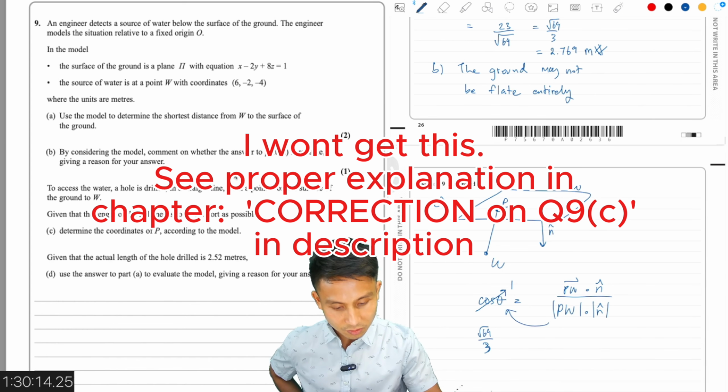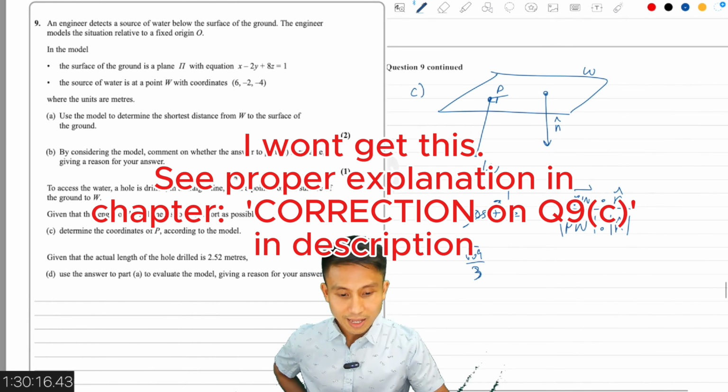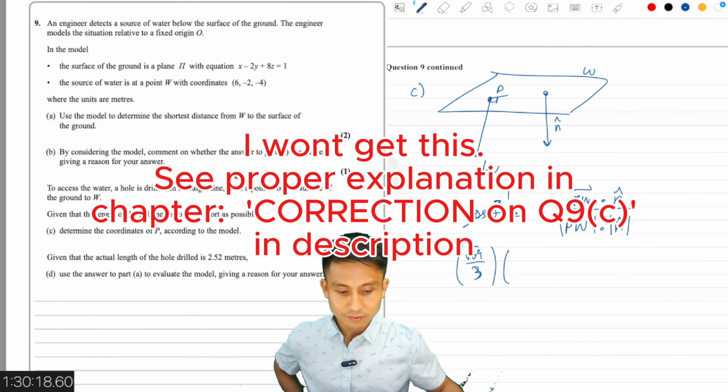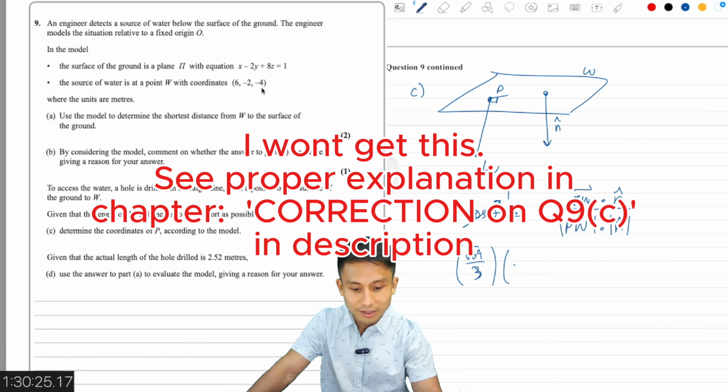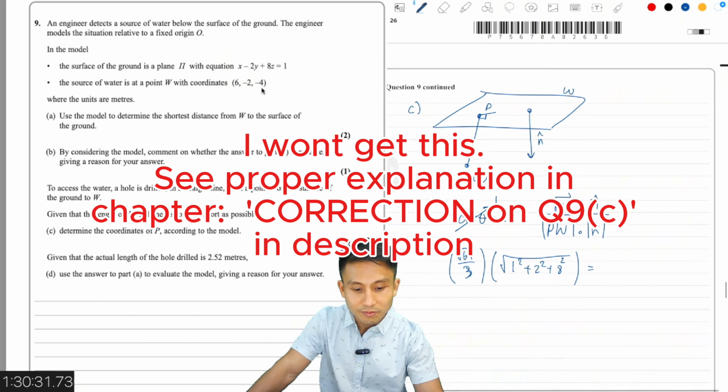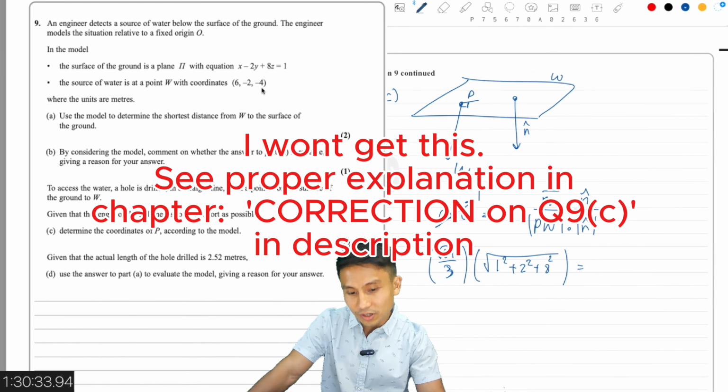So I'm moving this to the other side now. And the modulus of the normal vector is 1, 2, 8. So that's just 1 squared plus 2 squared plus 8 squared equals PW. P is just a point on the plane.